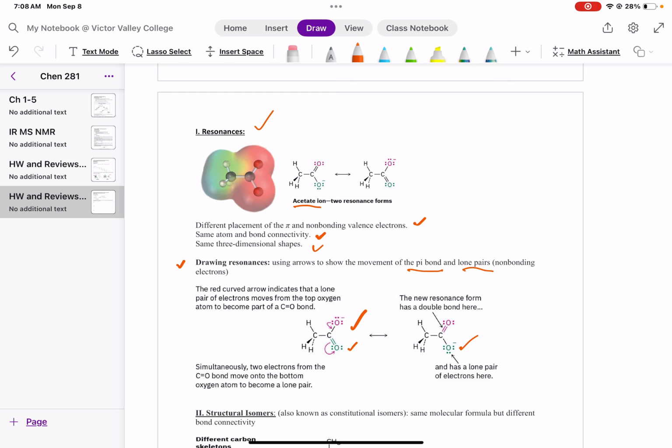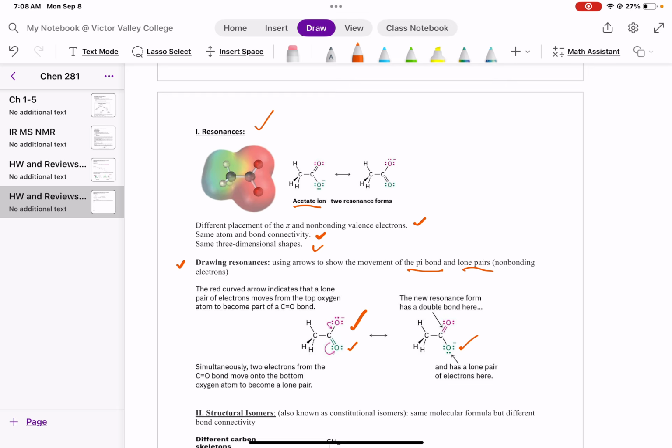So we got 2 different resonances, but they're still the same ion and behave similarly. It does happen that you have 2 different resonances where one is more dominant than the other, just because it's more stable.